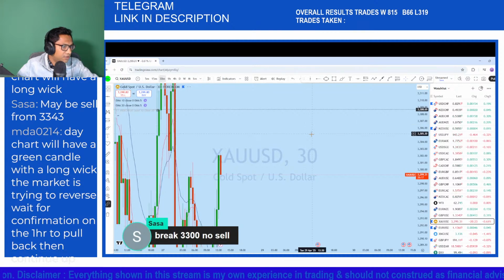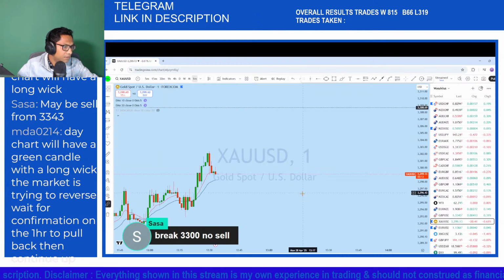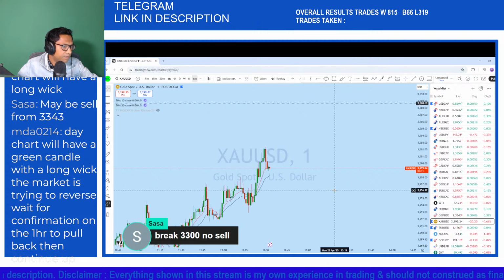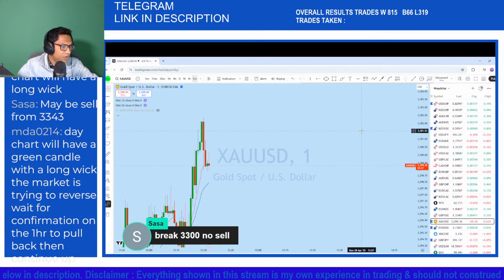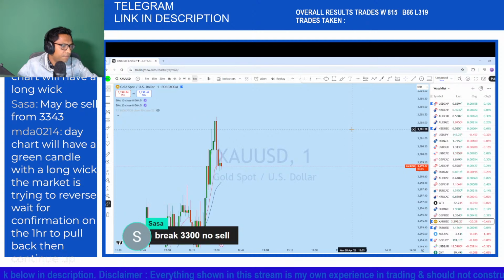If you look at a couple of dodgy formations in that area.